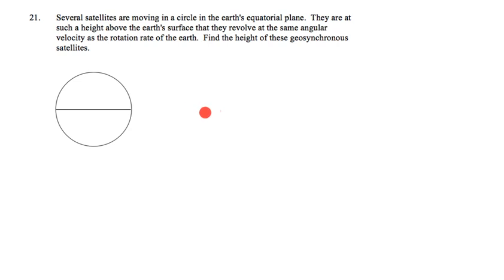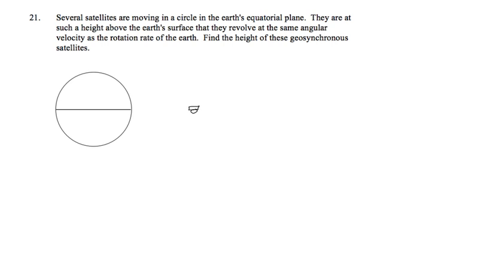And so as the Earth rotates, the satellite will be moving with it. So we know how fast the Earth rotates. Even though it's not given in the problem, since we know the rotation rate of the Earth, we should be able to figure out how high these satellites need to be above the surface of the Earth. So I'm just going to put the satellite somewhere over here for now.